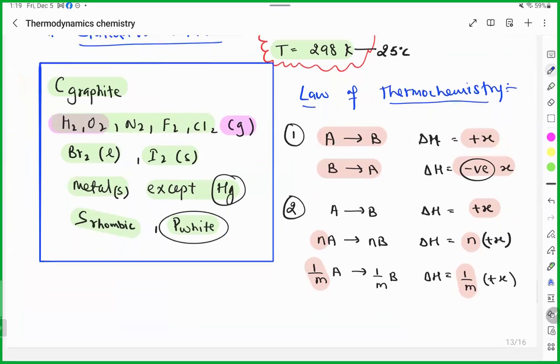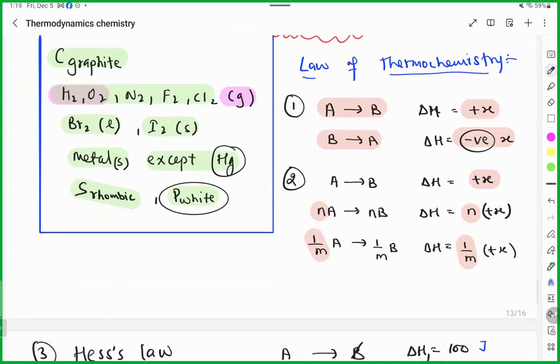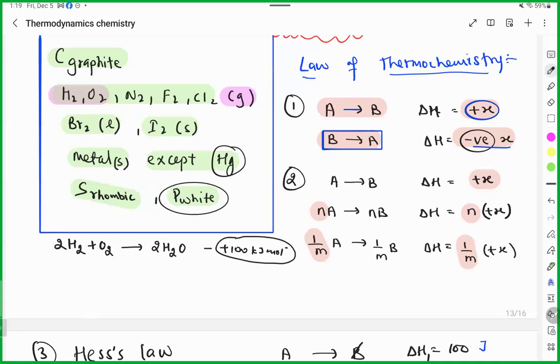Next, law of thermochemistry. The law says if you go from A to B, reactant to product, and this value is plus X, and if you make the reverse reaction, then the value will be minus X. For example, if hydrogen and oxygen gas react with each other and produce 2H2O, and here the energy is plus 100 kilojoule per mole, then if you reverse it, 2H2O giving 2H2 plus O2, the value will be minus 100.